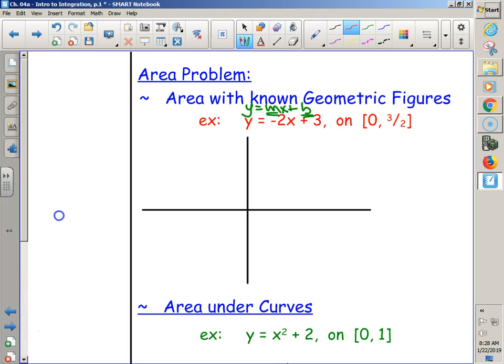So I would start off by getting at least a few little tick marks here. The y-intercept is going to be positive 3. We're going to go down 2 over 1, down 2 over 1. We could keep on going. Long story short, we have a straight line.